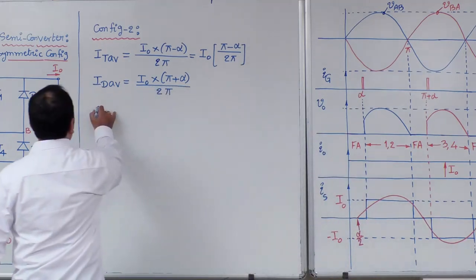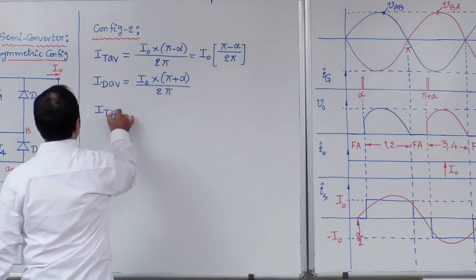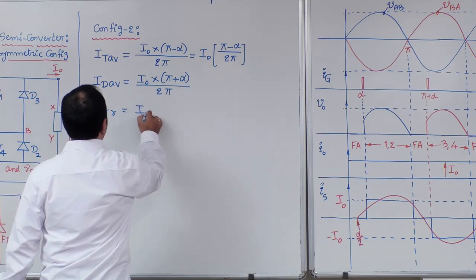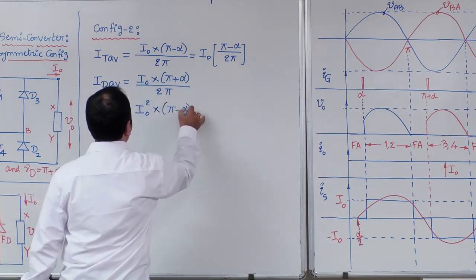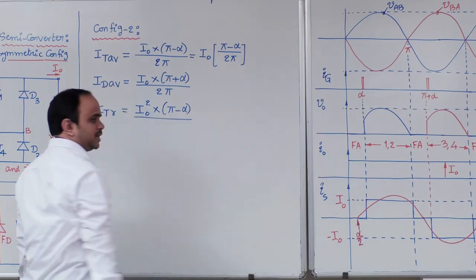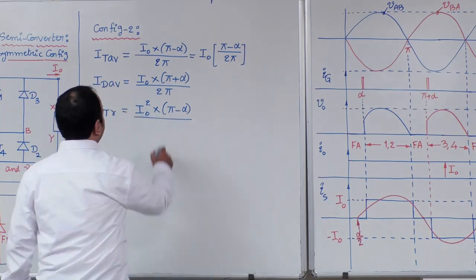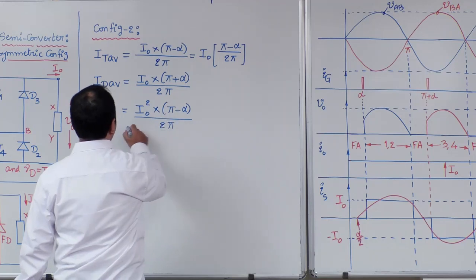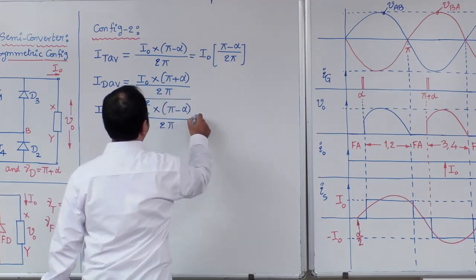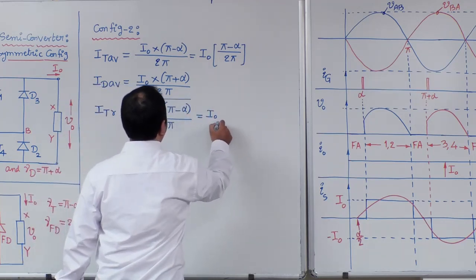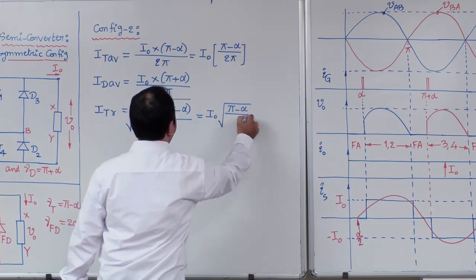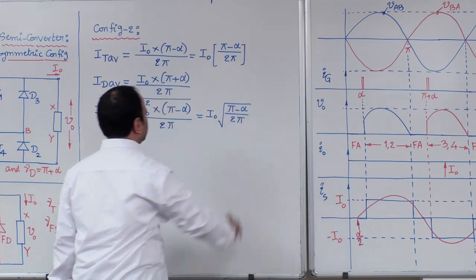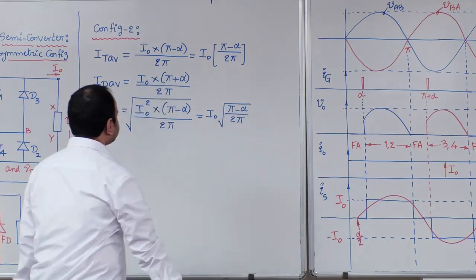Next, RMS value of thyristor current, magnitude square multiplied with pi minus alpha, pulse duration, over a cycle time of 2 pi under root, then it will give you I naught multiplied with root of pi minus alpha divided by 2 pi.